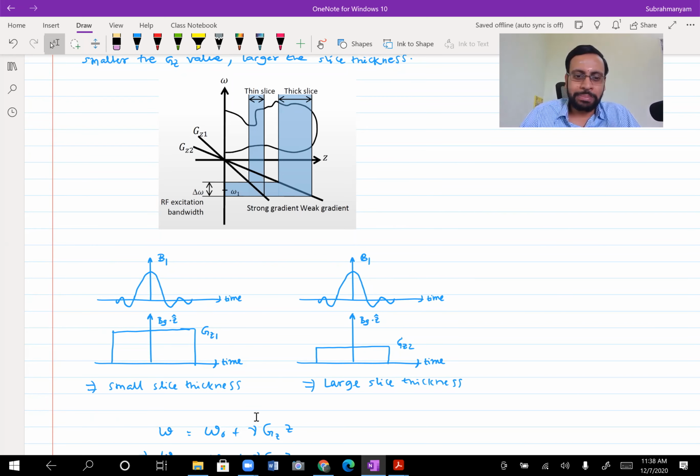That means you need to apply large gradient fields along the z-axis. It will take more time for your acquisition, because once you get it here, you should go to the next place and do acquisition again, and you move on in baby steps. With a small slice thickness, you are getting a high resolution. Yes, this is a very important question that you ask. This has to be very clear.